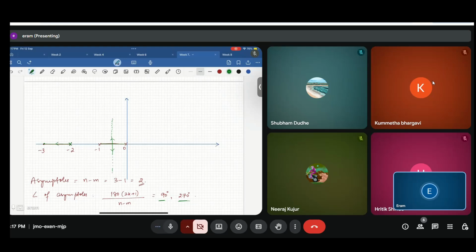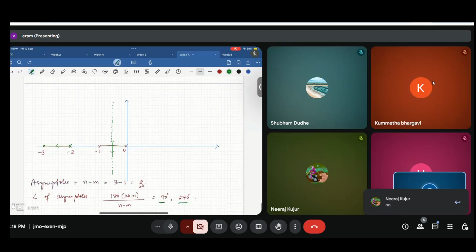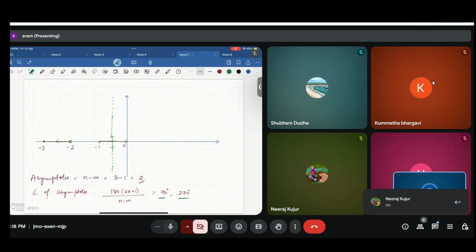So what do you think? Are we going to cross the imaginary axis for any value of k? No, we are not going to cross because the angle of asymptotes is 90 degrees, right?